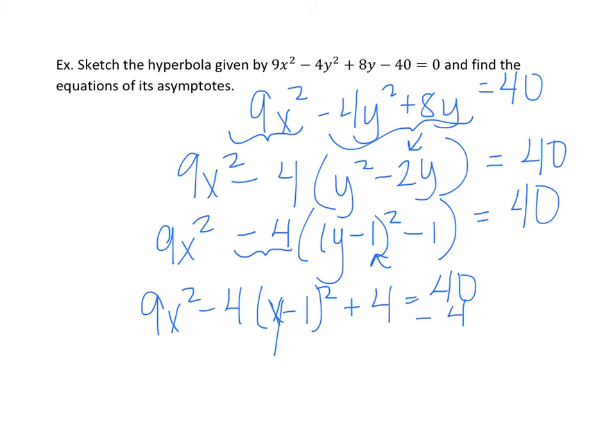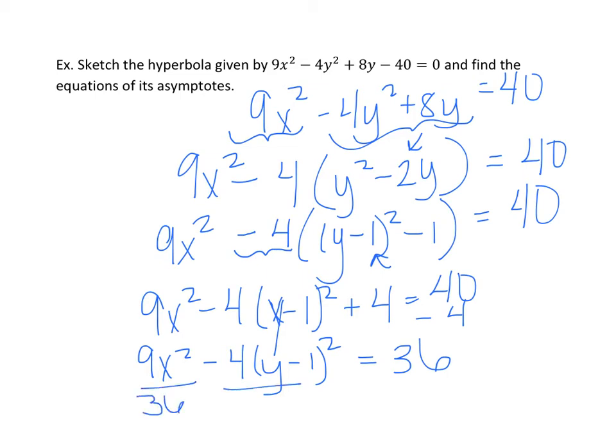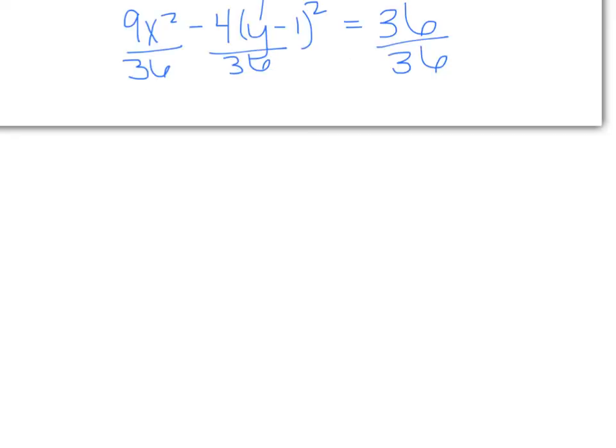Subtract the 4. 9x squared minus 4 times y minus 1 squared equals 36. Everything needs to equal 1, so divide by 36. And now we have x squared over 4 minus y minus 1 squared over 9 equals 1.